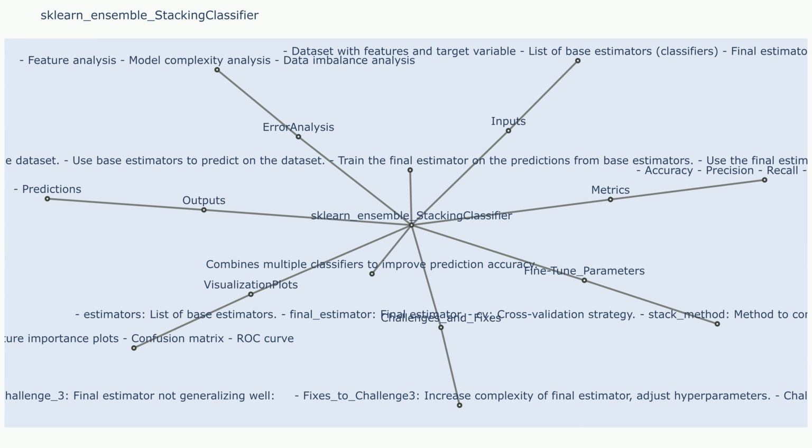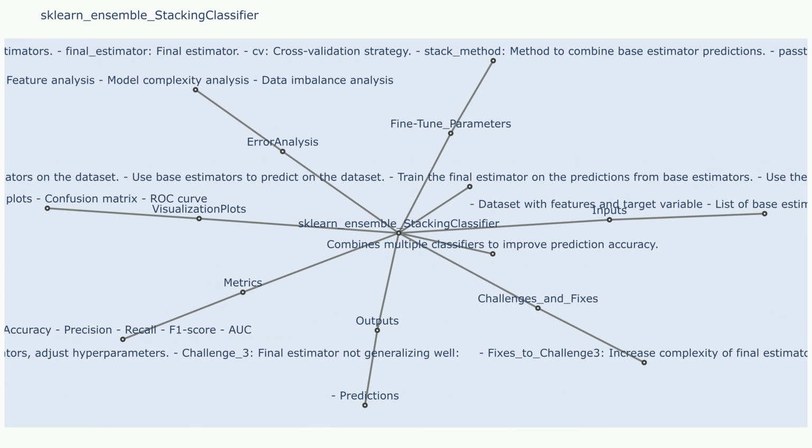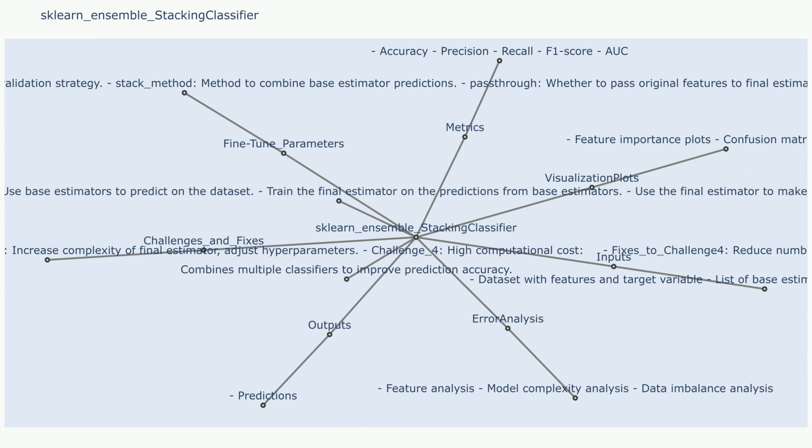Stacking parameters: adjust the CV cross-validation folds and pass-through parameters to control the stacking process. Uncertainty methods. Confidence scores: use the probability estimates provided by the final estimator to assess the uncertainty of predictions. Ensemble variance: calculate the variance of predictions across the base estimators to estimate uncertainty.